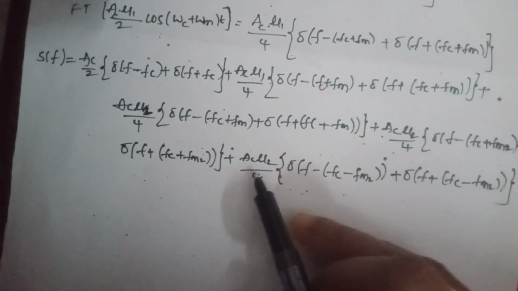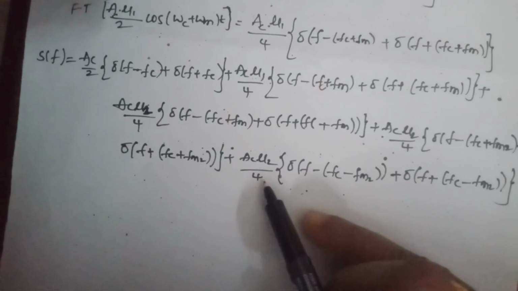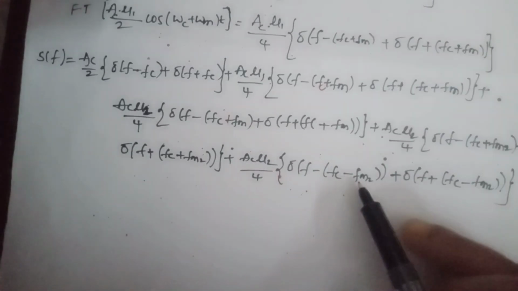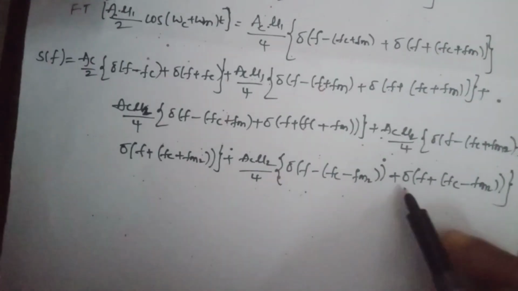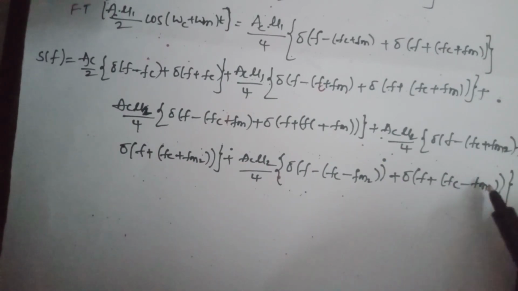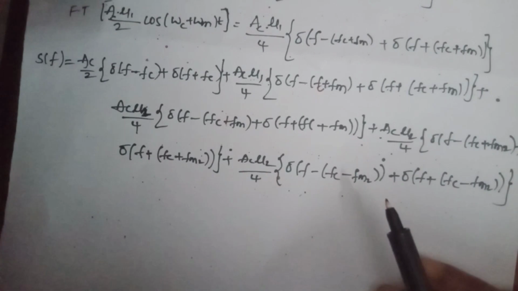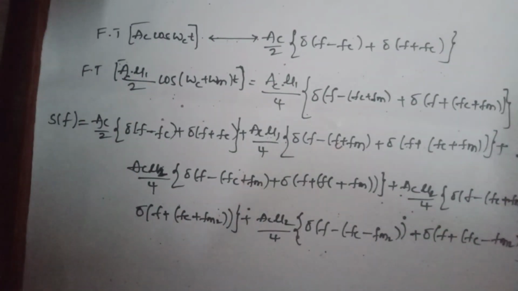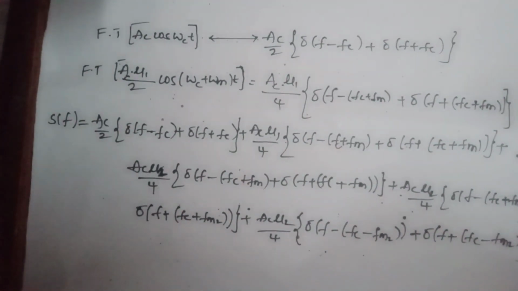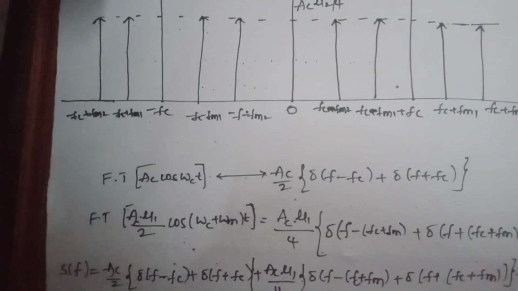Next, plus AC mu 2 by 4 [delta of f minus fc minus fm2 plus delta of f plus fc minus fm2]. Okay, so this is our s of t equation in terms of s of f, that is, the time domain is converted into the frequency domain by applying the Fourier transform. Then you draw the Fourier spectrum for this one.